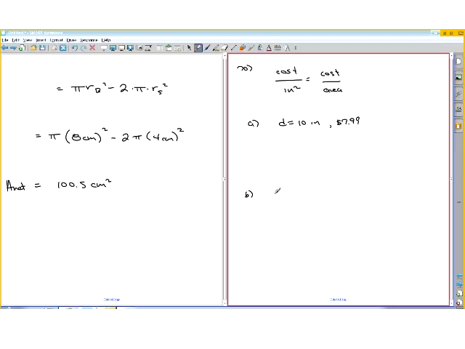B is a diameter of 12, and the cost is $9.99. And the third case is 14 inches, so the diameter is 14 inches, and the cost is $10.99. I bet that's the best buy.